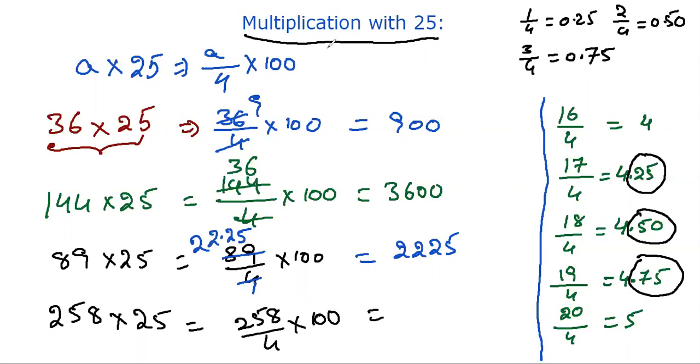So here 258 by 4. 4 cancel in 25 6 times. 6 4s are 24. Remaining is 18. In the 18, 4 times. Remainder is 2. If 2 is coming, then 0.50 you have, or 0.5 also you can write. 64.50 into 100. 6450 is the answer.